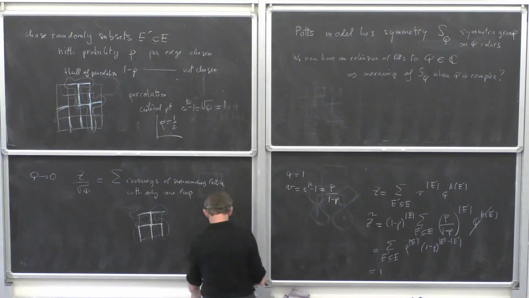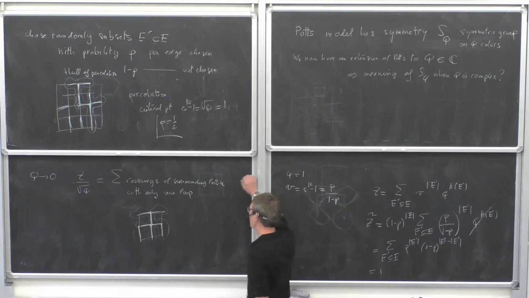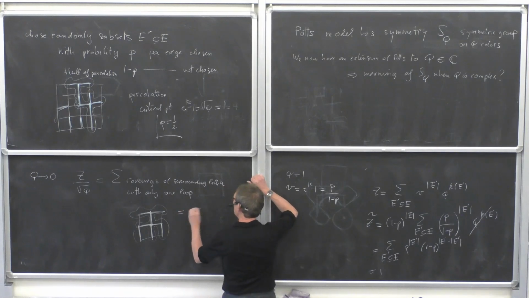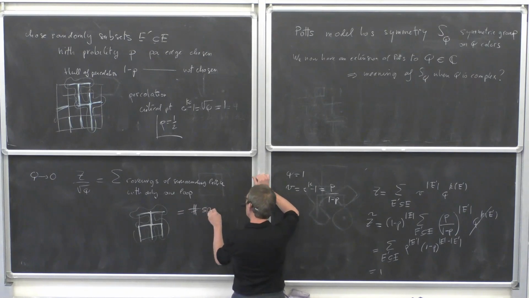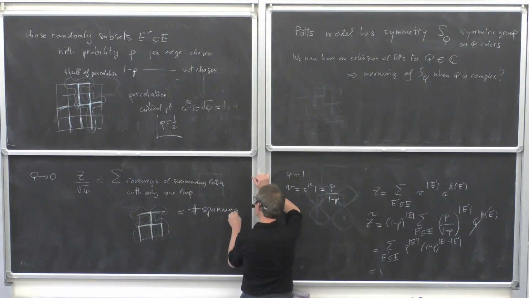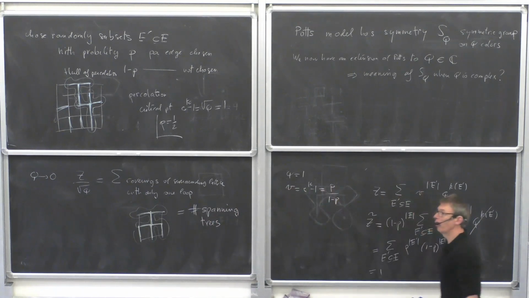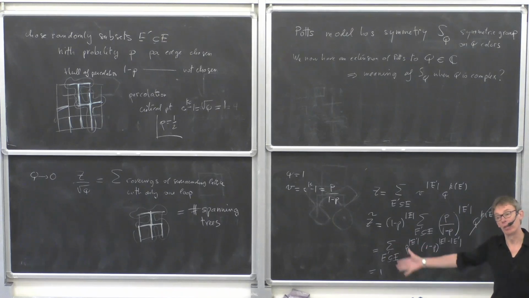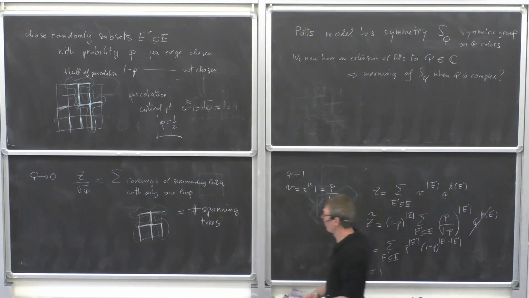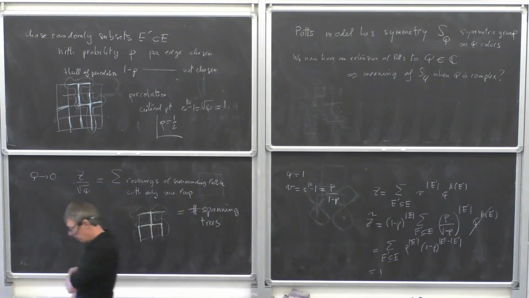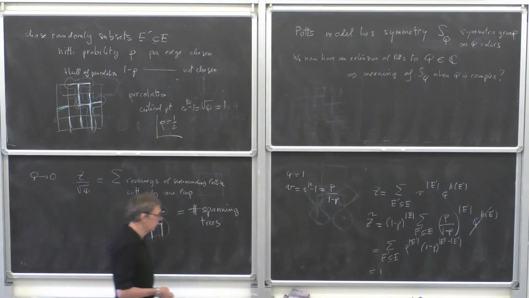So the number of coverings of the surrounding lattice with only one loop is equal to the number of spanning trees. Trees means subgraphs without loops, and spanning means they cover everything. Okay? That's a beautiful problem. Solvable, actually, which is related with free fermion theories, so that's some limit that's extremely interesting.